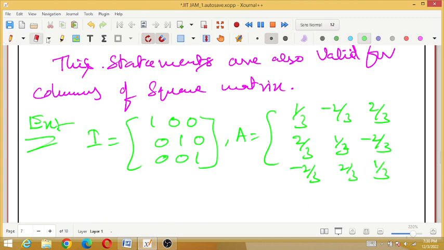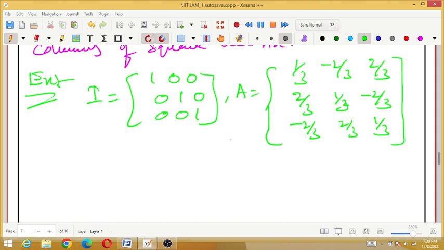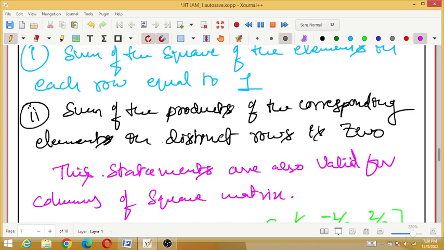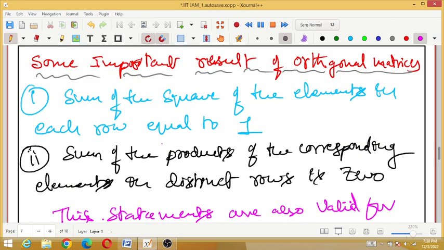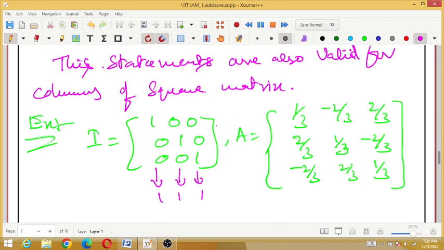So we want to check whether this matrix is orthogonal or not. By adding each row or column, what will come? 1 will come. Each row and column, adding all elements.